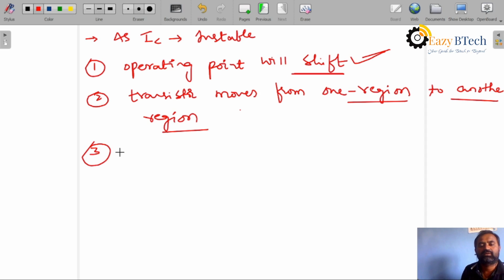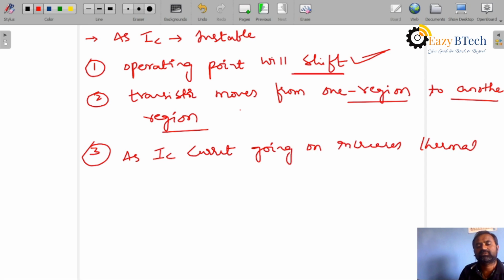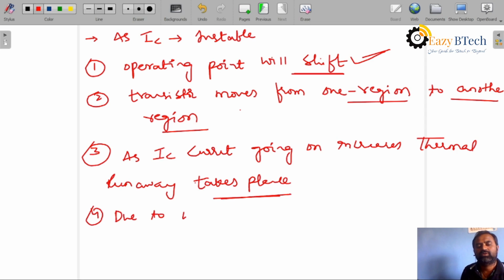Next, as the IC current goes on increasing, thermal runaway takes place, due to which the collector current rises.